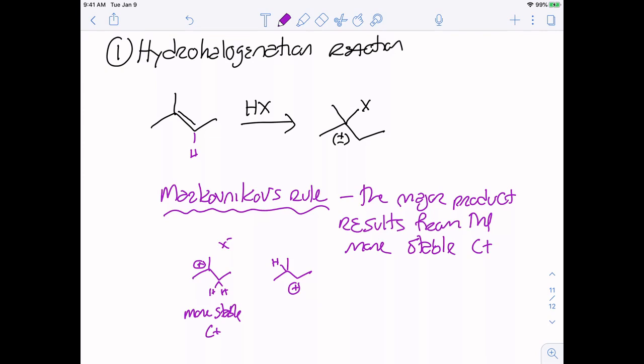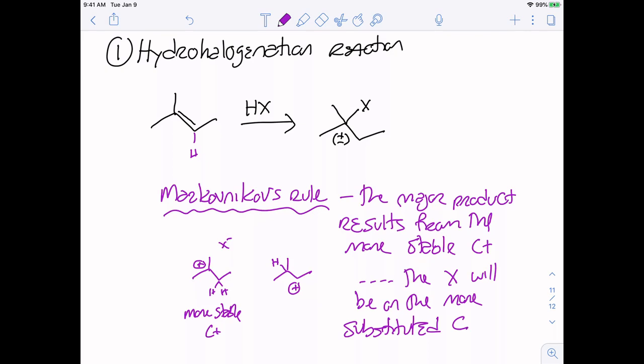Tertiary carbocations are more stable than secondary carbocations. Kind of the shortcut way to do it is the halogen, so X in this case, will be on the more substituted carbon. And this might make more sense when we actually do the mechanisms.